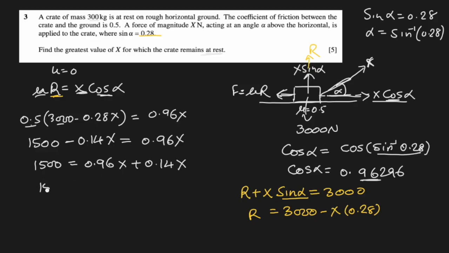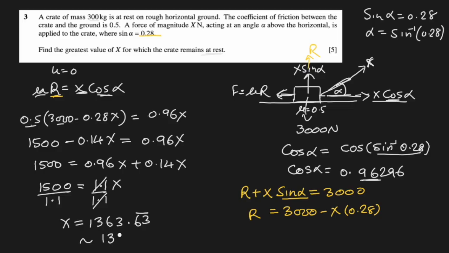Okay, so 1500 equal to 1.1X. Yeah, divide both sides by 1.1, which is 1363.636363. So rounded off to 3 significant figures, 1360 newtons. That is the greatest force. Okay.